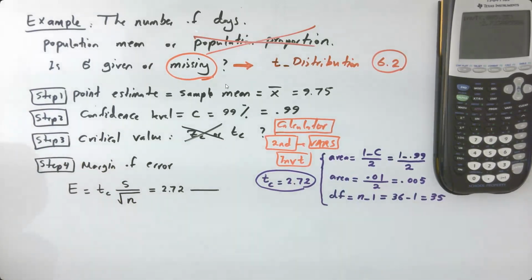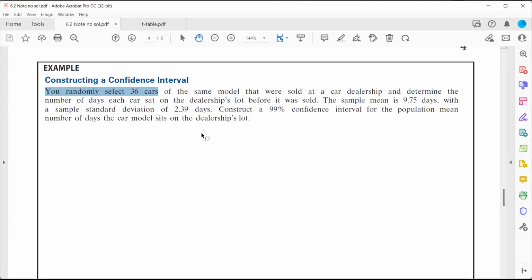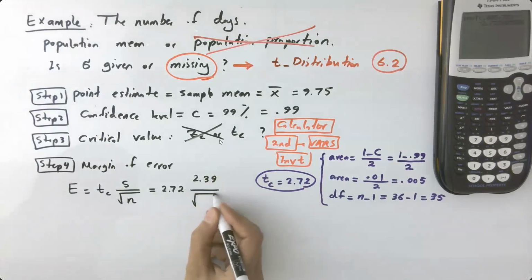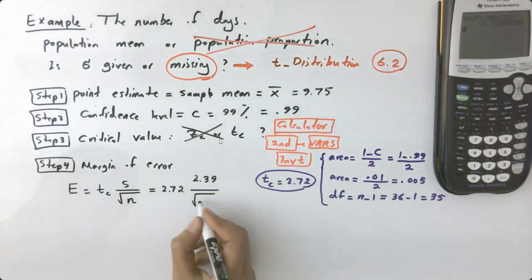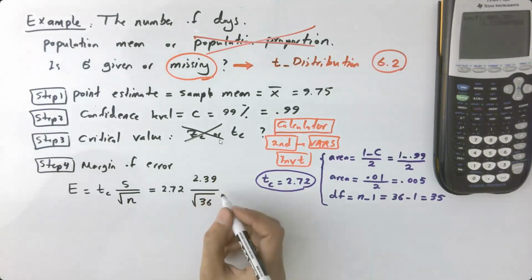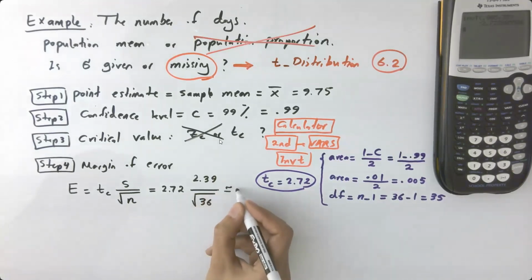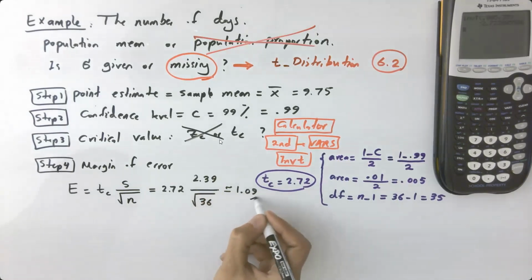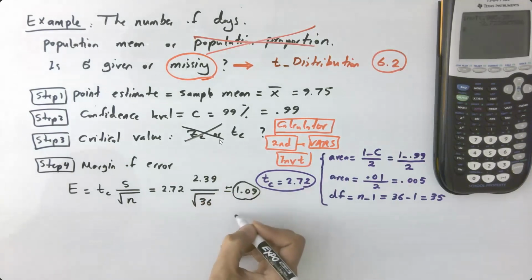What was the sample standard deviation? S, the sample standard deviation, is 2.39 days. 2.39 divided by square root of what is N? N is the sample size, 36. If I do the computation, the margin of error is approximately 1.09. This is the margin of error.